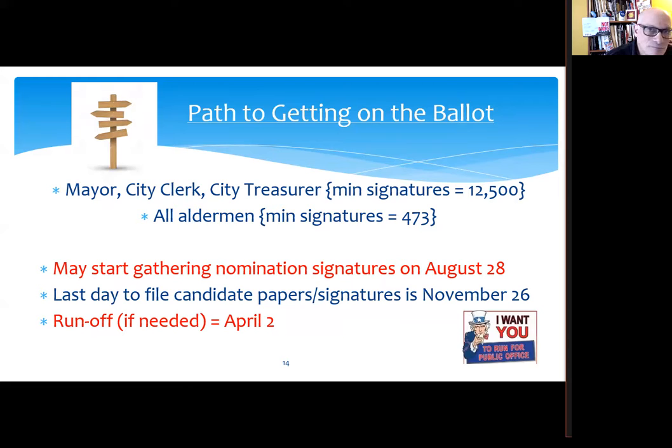However, we know that it's a dirty game in Chicago. Politics is like a blood sport here. Opposing lawyers from the other candidates, or in this case, perhaps the mayor herself, will challenge those signatures for various reasons. If the assertion is made that the person who signed this petition is not actually registered to vote, or does not live where they say they lived, that signature is invalid and cannot count to the 12,500 minimum.